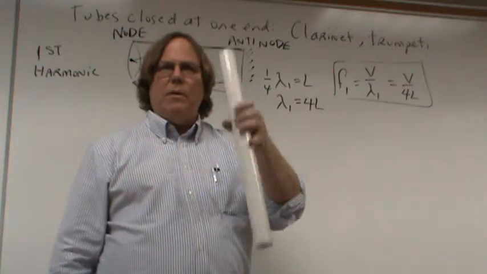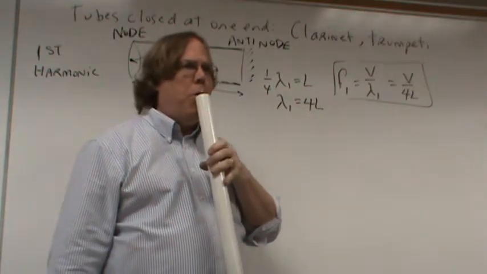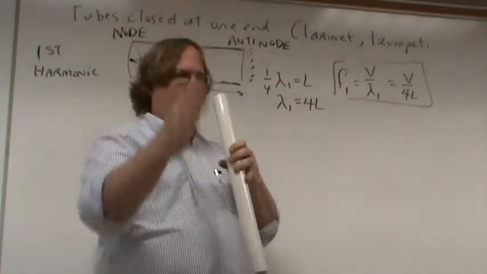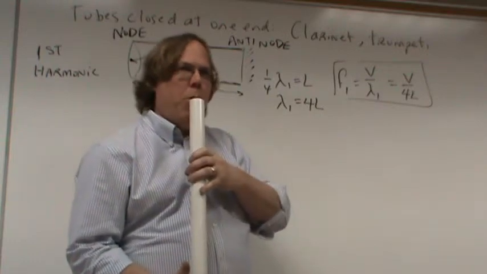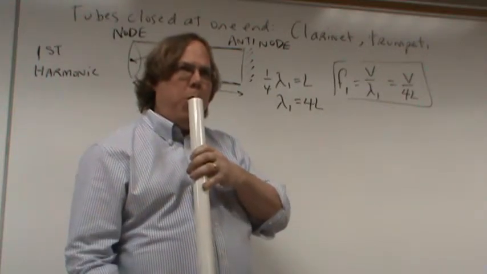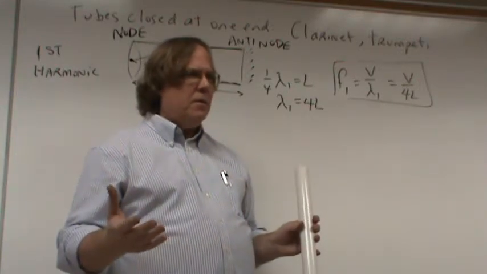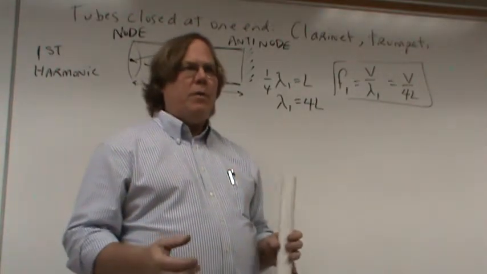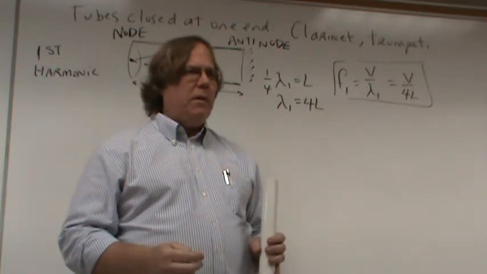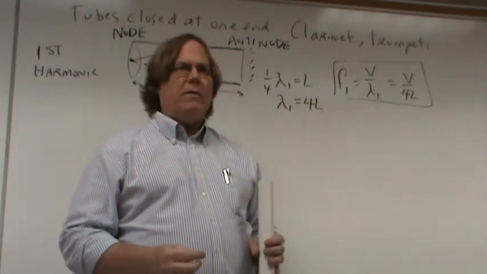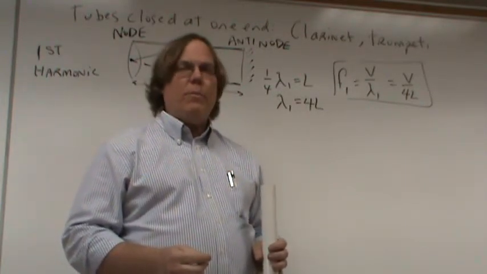Consider this tube, right? I'm now going to cover one end. Can you hear the difference? Right. So if someone asks you, flute and clarinet, they're about the same length. Why is a clarinet so much lower pitched than a flute?